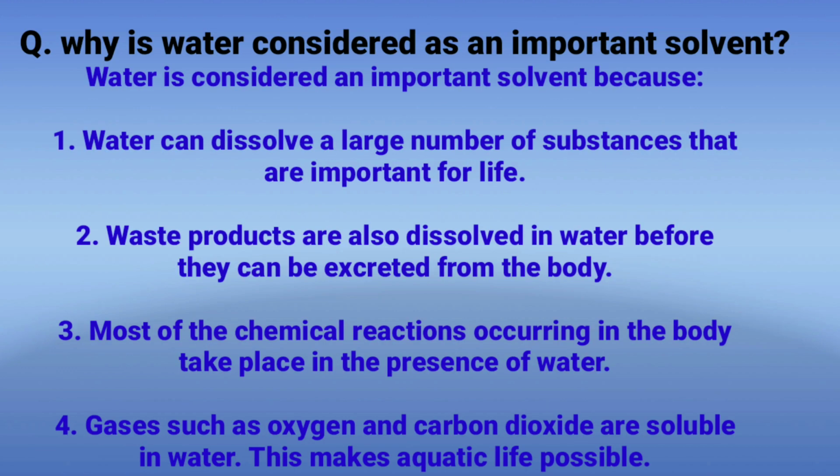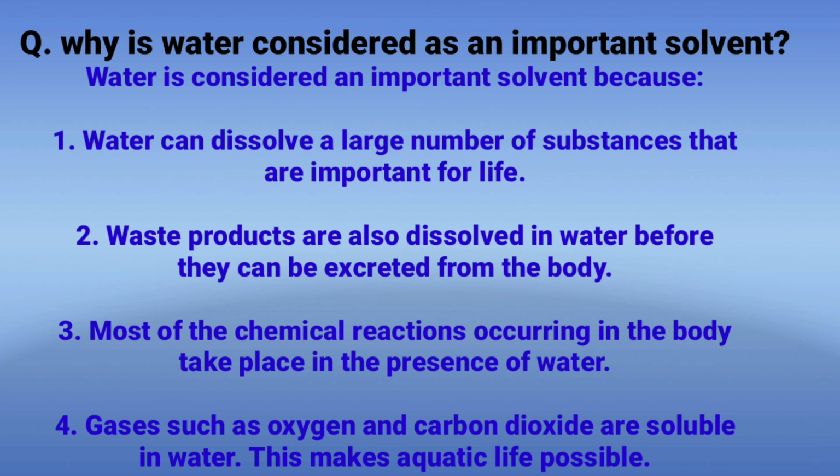Next question. Why is water considered as an important solvent? Water is considered an important solvent because, number 1, water can dissolve a large number of substances that are important for life.